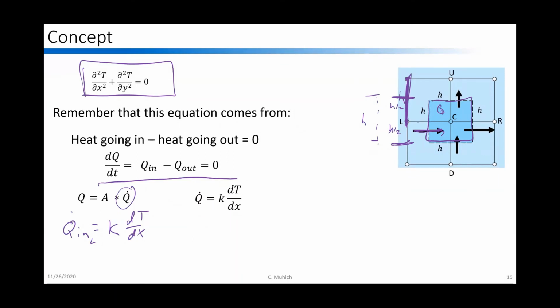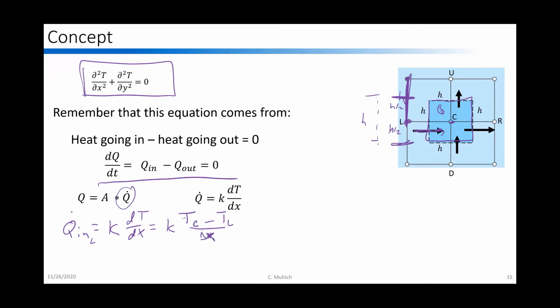So we're still going to say that dT dx is going to be the temperature at point C, that central point, minus what was happening to the left, TL, over dx. Over h, that's that distance, or we could write it over dx. Doesn't matter. Maybe better to put it over dx.